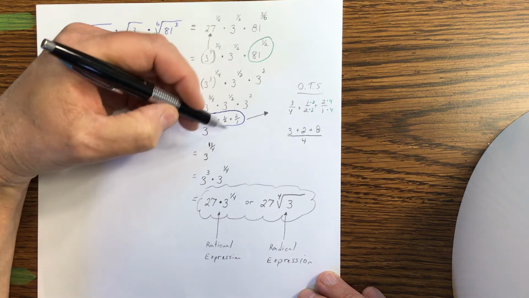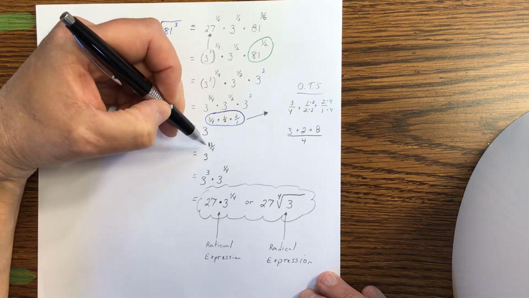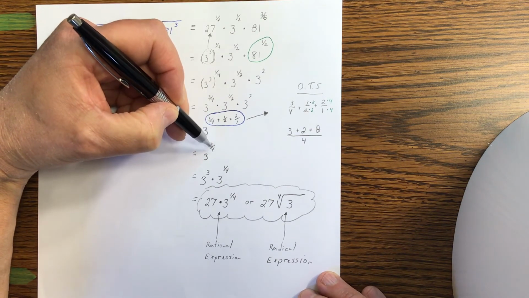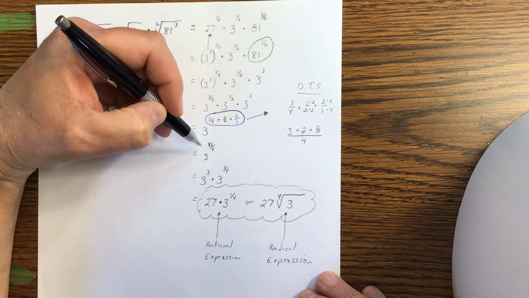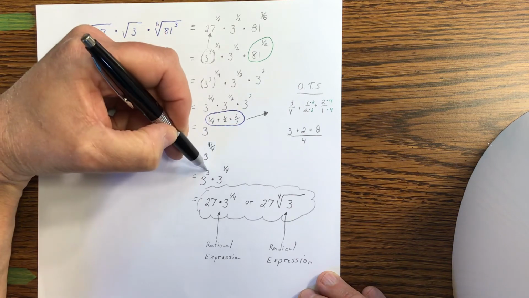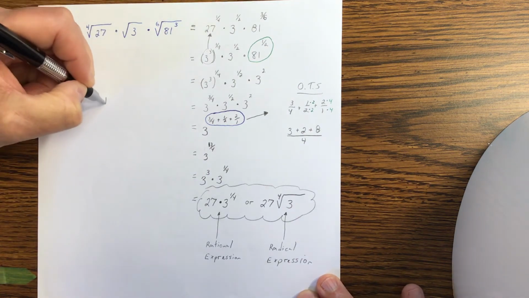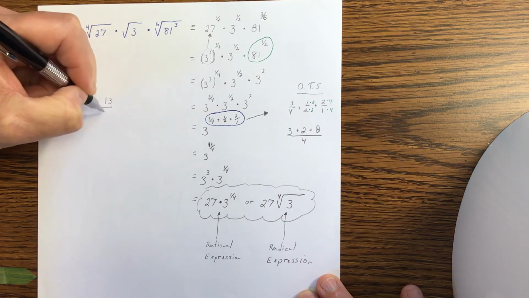All right? Now, we can simplify this further. Why? Anytime your numerator is greater than or equal to your denominator, we know we can simplify. So I know that 4 goes into 13 3 times with a remainder of 1.